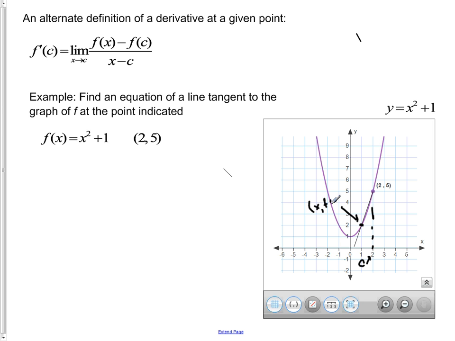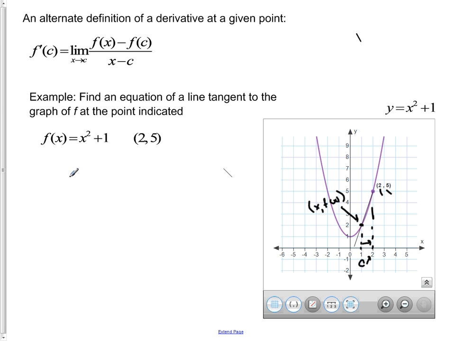And let's let that value of x simply approach c, which kind of makes sense. I mean, rather than saying some distance h away, well, look, f of c is a fixed point. C is 2, so f of c is 5.